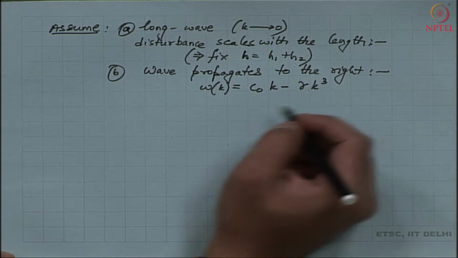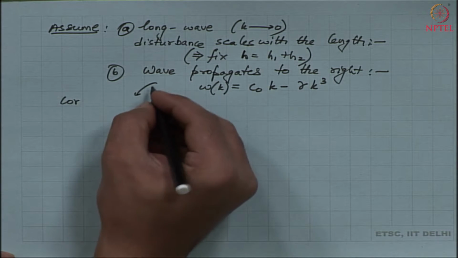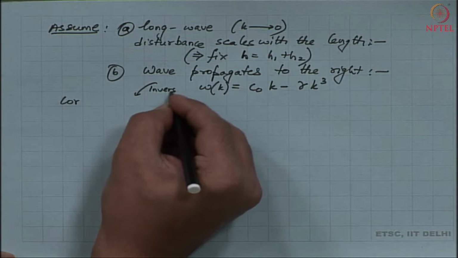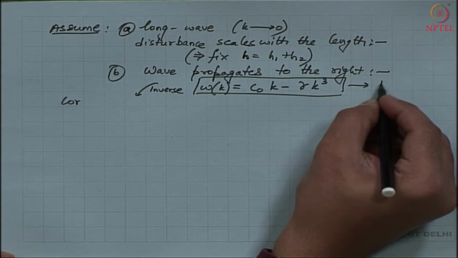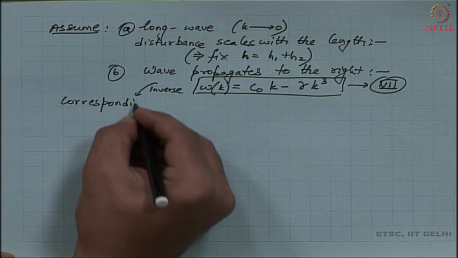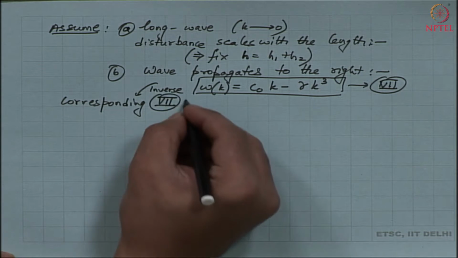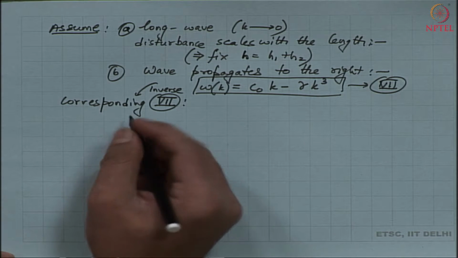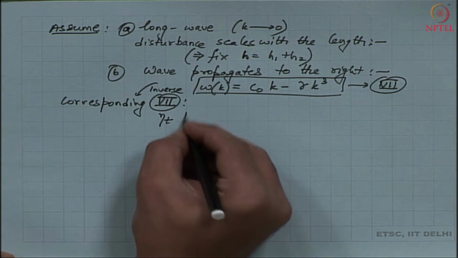Okay. So, then if I were to take an inverse transform of this expression, let me call this expression number 7. If I were to take the inverse transform of equation 7, the corresponding PDE is given by the famous linear PDE as follows.